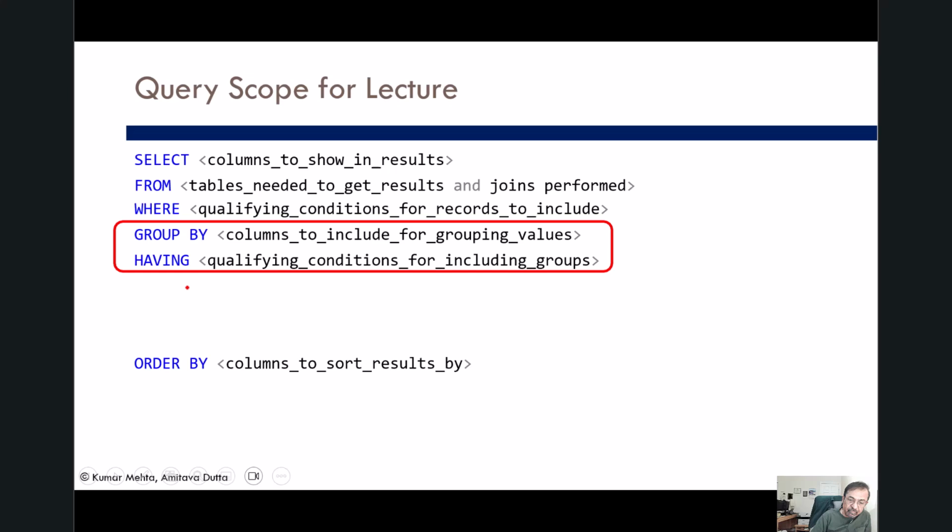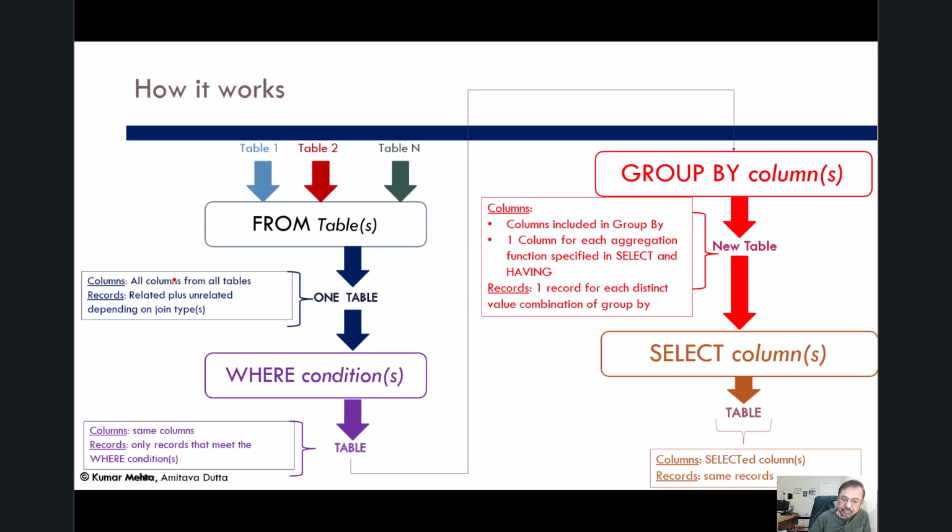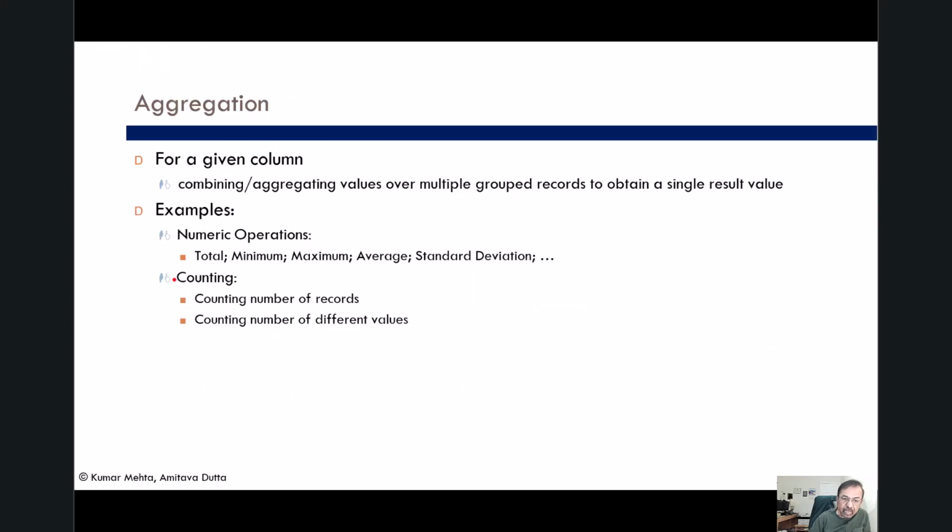Now we want to spend a few minutes on the having clause, and it's fairly simple actually. It just pulls out certain rows. So this is what we are concentrating on now. Hopefully you've gotten a sense of how the group by clause works for aggregation. Now let's take a look at what having does.